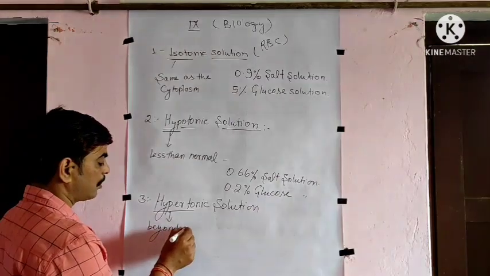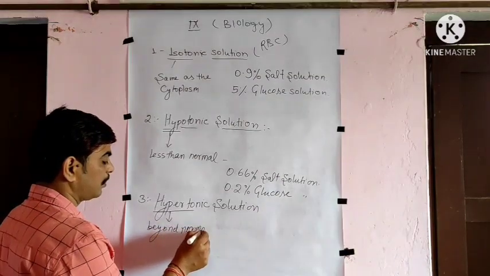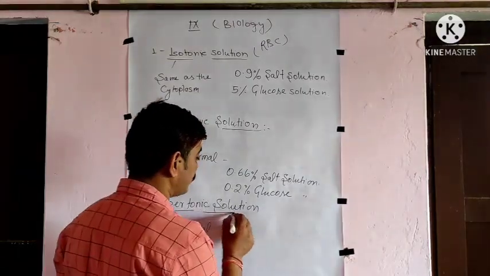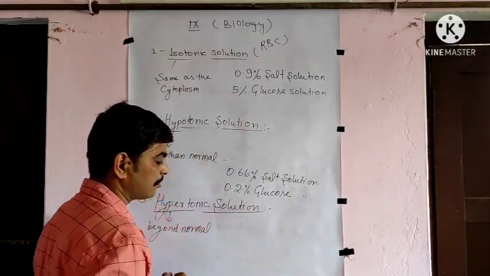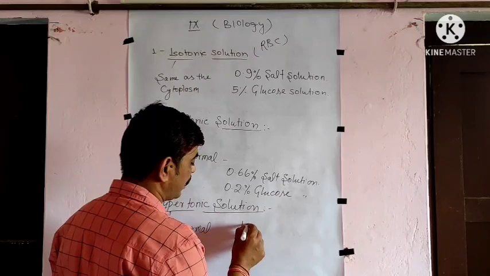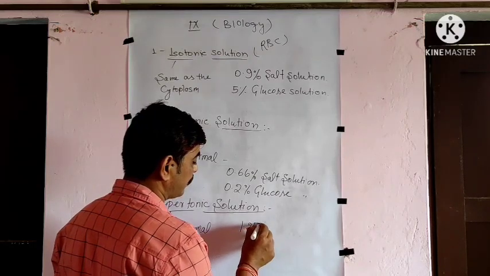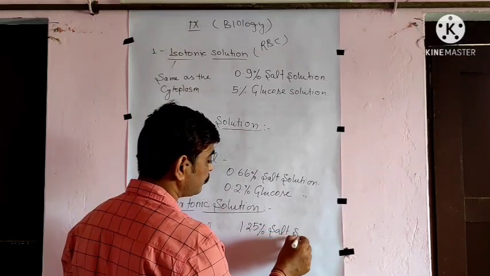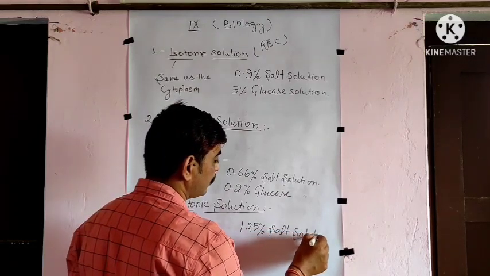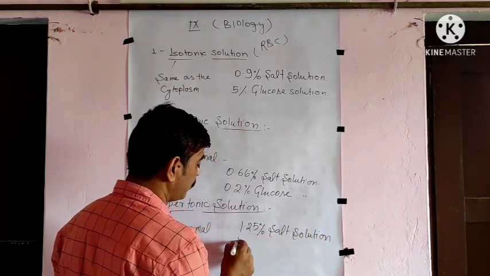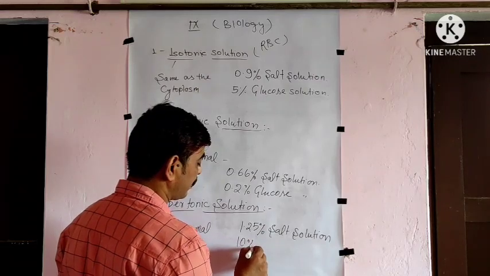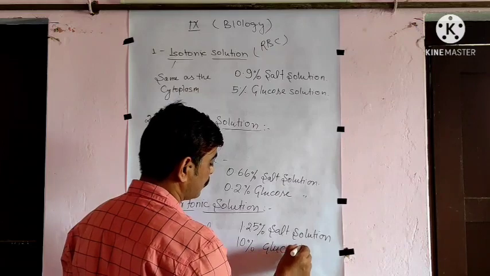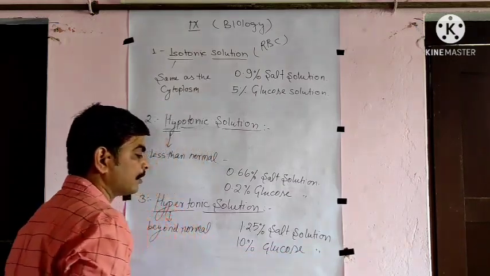Beyond normal means the solutes are more in comparison to the cytoplasm, and it is 1.25% salt solution and about 10% glucose solution. So this is the hypertonic solution.